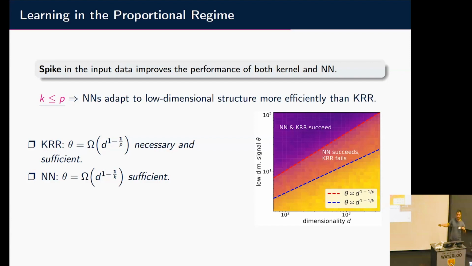There is a regime where kernel ridge regression provably fails but neural networks succeed. And there is a regime where both fail. So there is a clear, provable separation between two-layer neural networks and kernel ridge regression in this case.